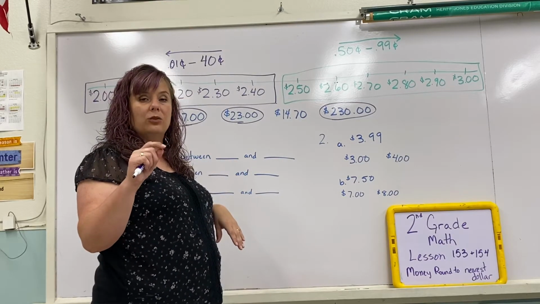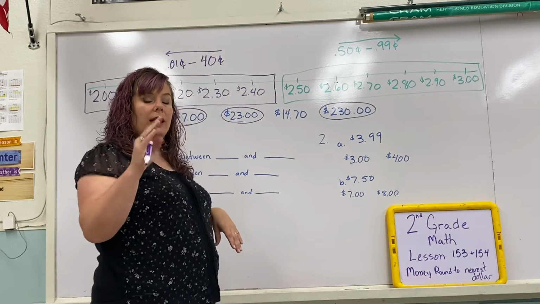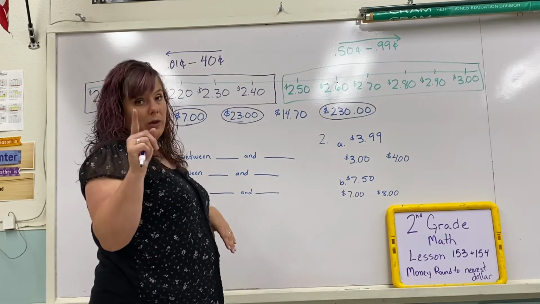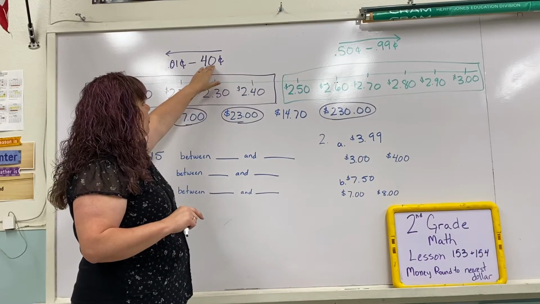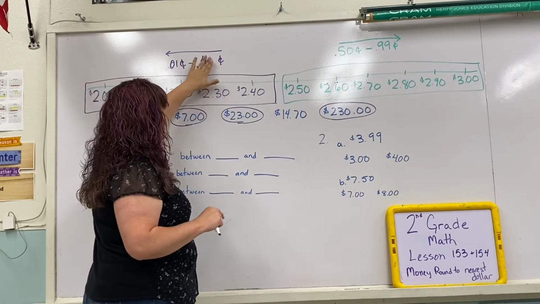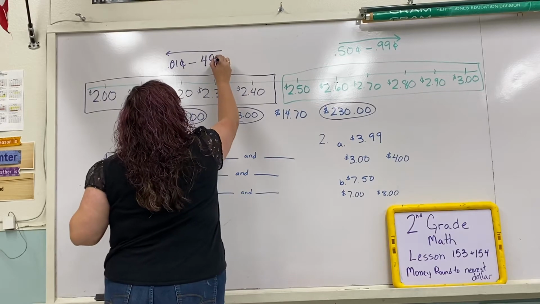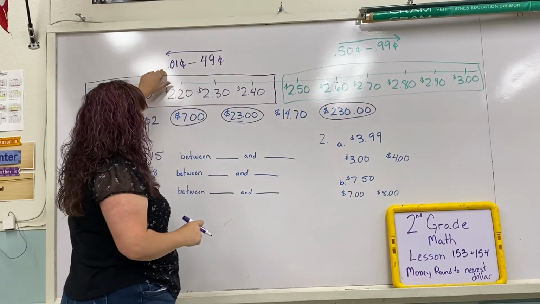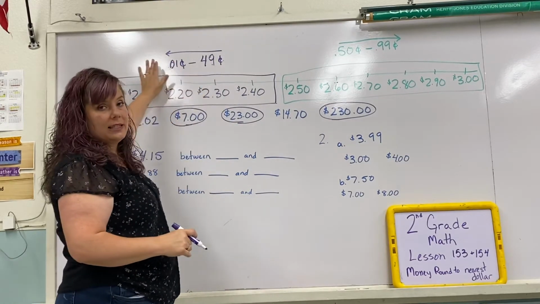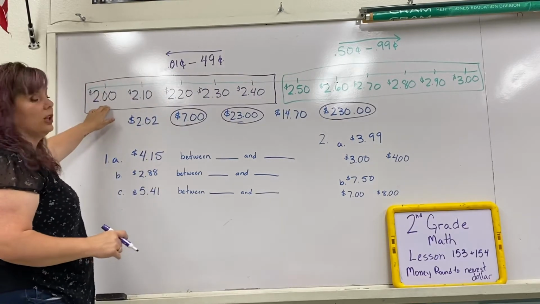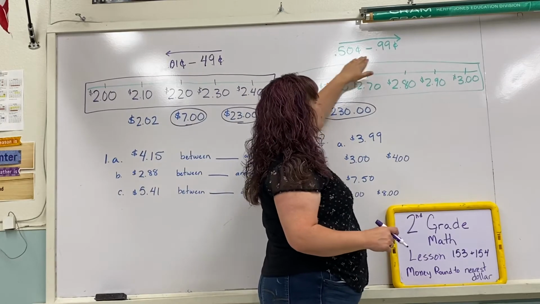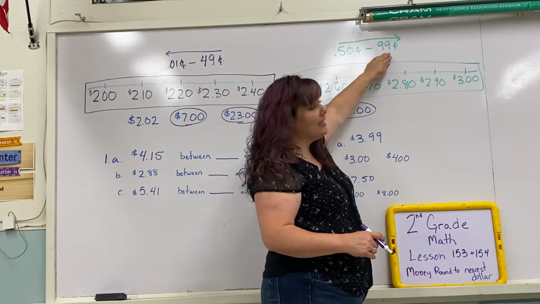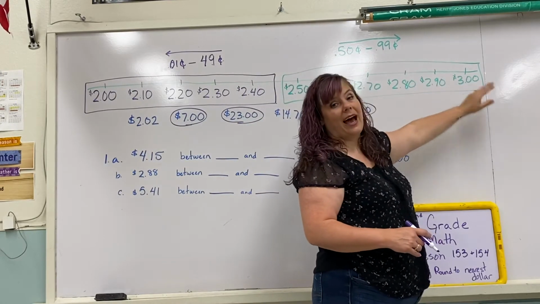Remember, in the tens, we looked at 4 and lower and 5 and higher. Well, it's the same thing. Here, technically anything 49 cents and lower gets rounded to the lower dollar. Anything that's 50 cents to 99 cents gets rounded up to the highest dollar.